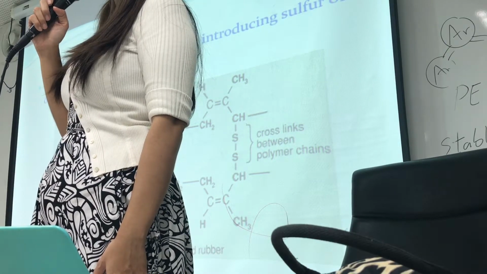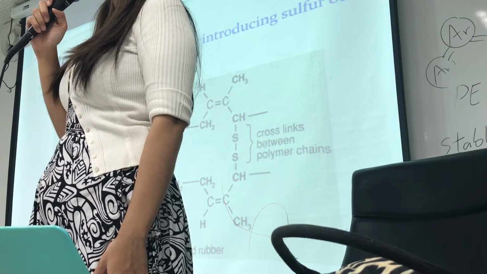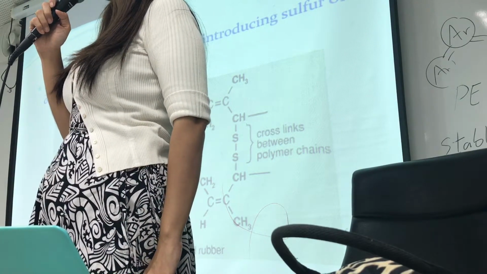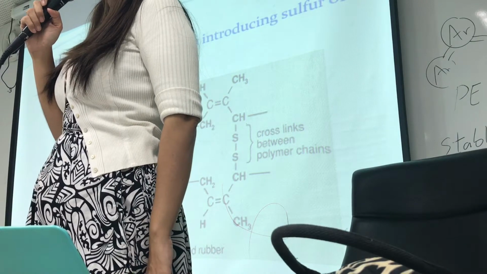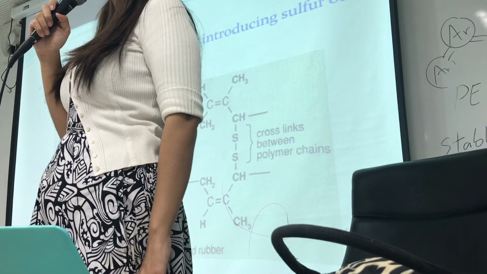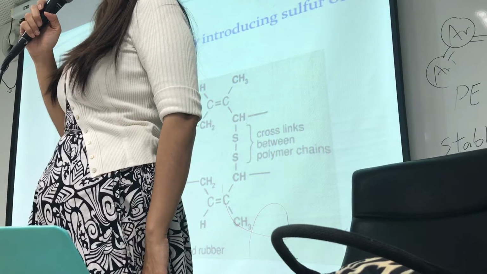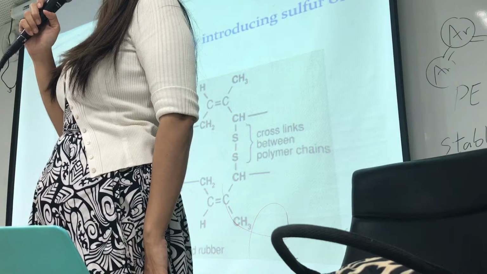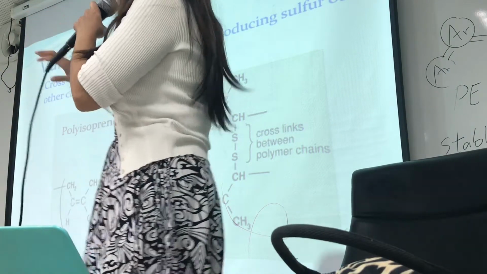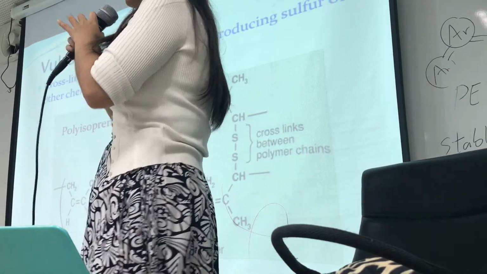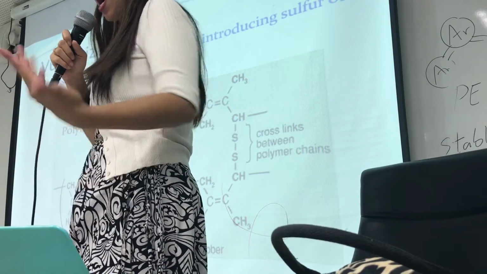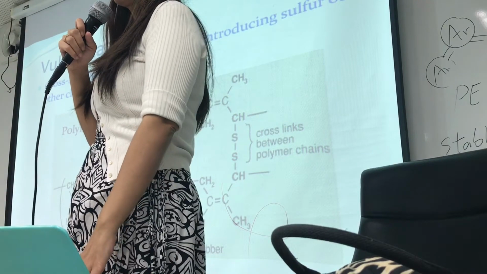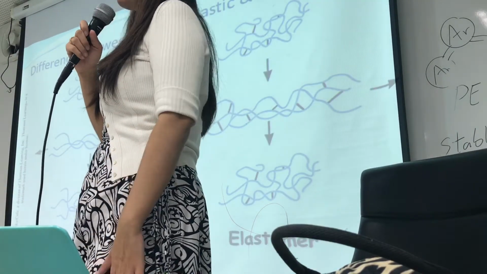For the rubber or elastomer, we have cross-link between the chains, and the process to introduce that cross-link we call vulcanization. Normally for rubber we don't recycle, because there are lots of covalent bonds. It's quite strong and hard to melt and then reuse. All right. Next.